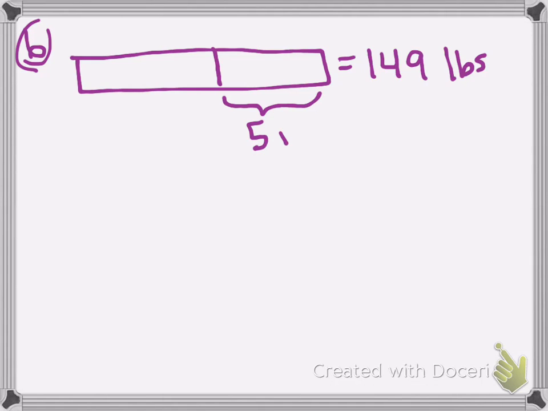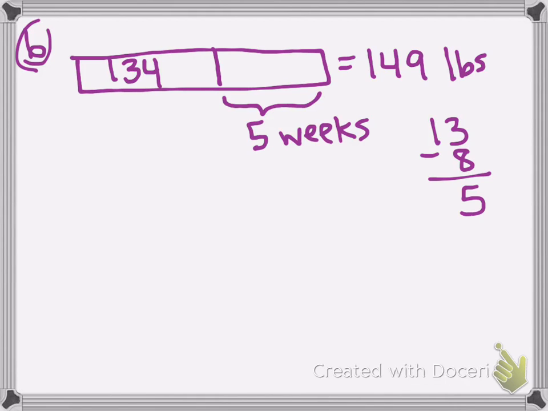like 5 weeks. How did I get 5 weeks? Anyone know? I did 13 weeks minus 8 and got 5 weeks. So that's how much time passed. And at the end of that time, he weighed 134 pounds. And these are 5 weeks, so I'm going to make sure there's 5 in there.